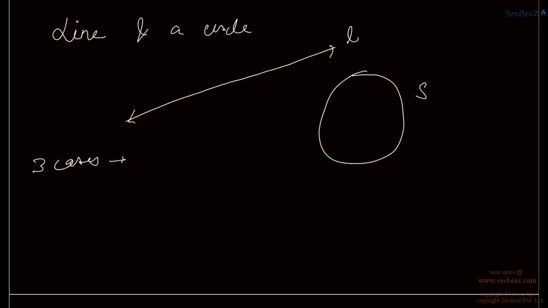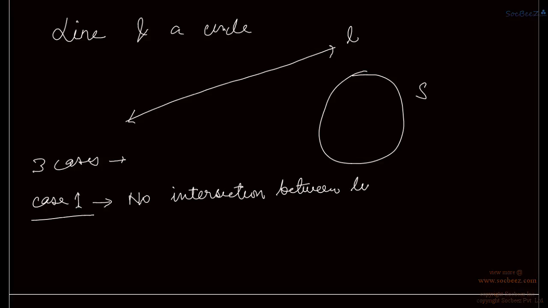Case 1: no intersection between the line and the circle, which is clearly represented here.